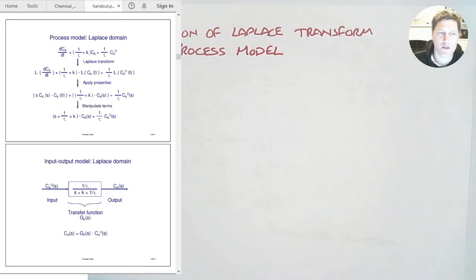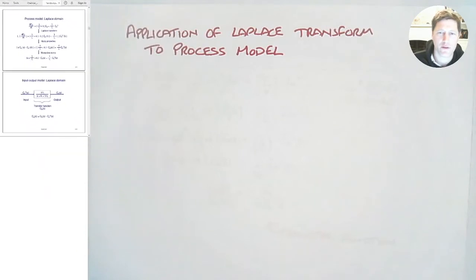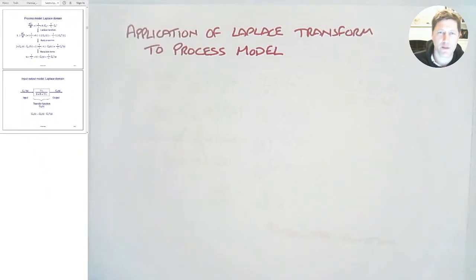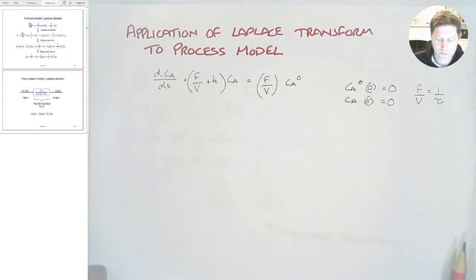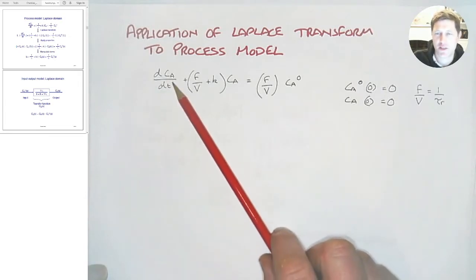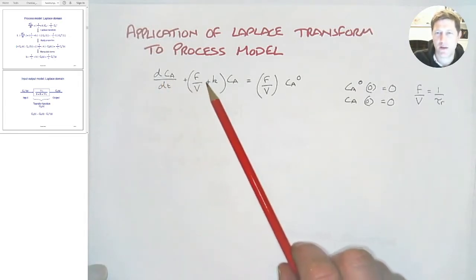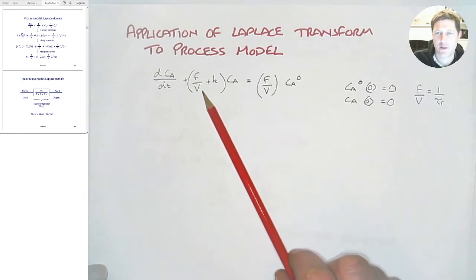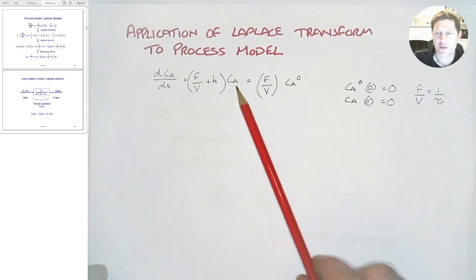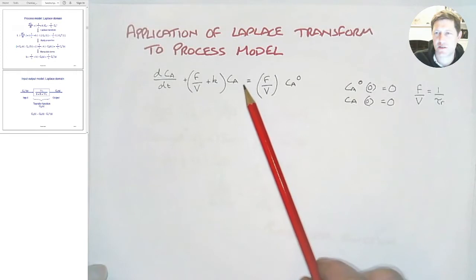So now we're going to work through this problem using the Laplace transform solution to see how that performs for us. This describes the problem. Concentration in the tank is changing with time. F is the flow rate, V is the tank volume, K is the reaction rate constant.